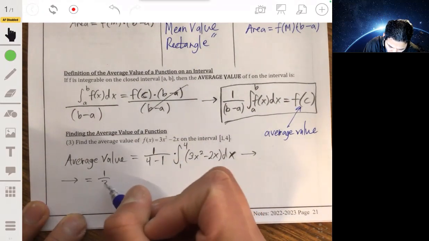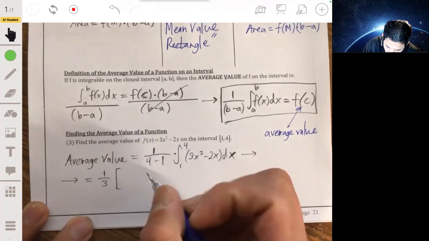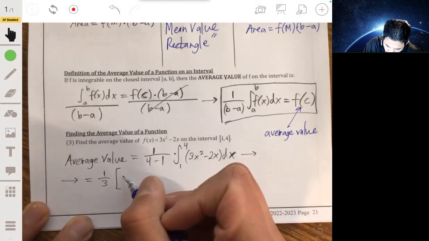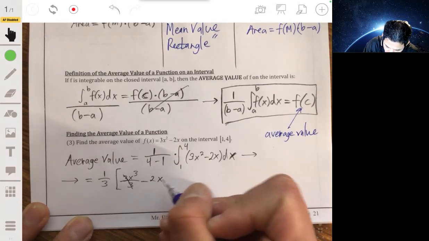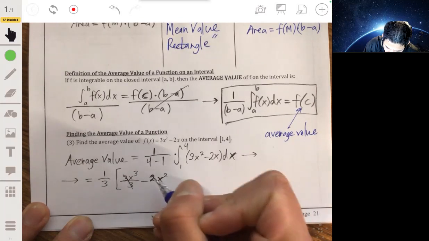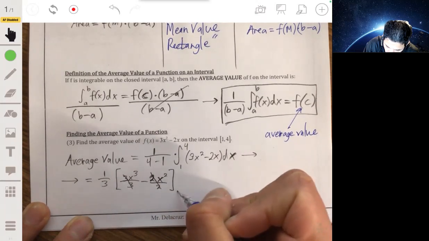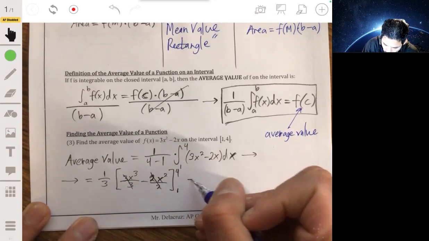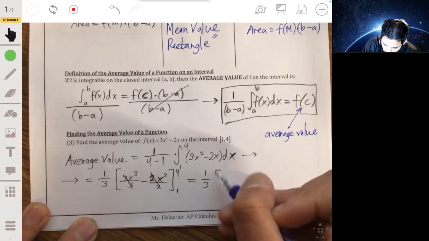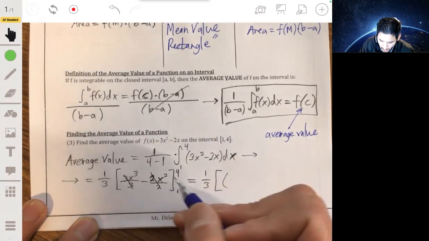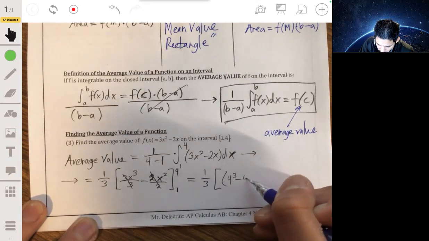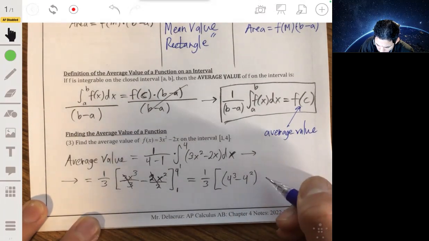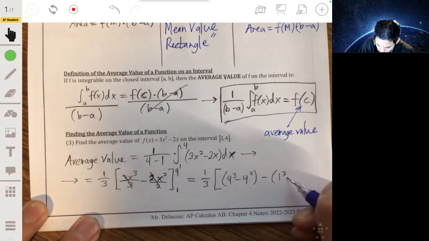This will be equal to 1/3 times, doing the antiderivative, 3x cubed over 3, those will cancel, minus 2x squared over 2, those will cancel, and we're going to evaluate from 1 to 4. So it'll be equal to 1/3 times x cubed minus x squared. So 4 cubed minus 4 squared, minus 1 cubed minus 1 squared.